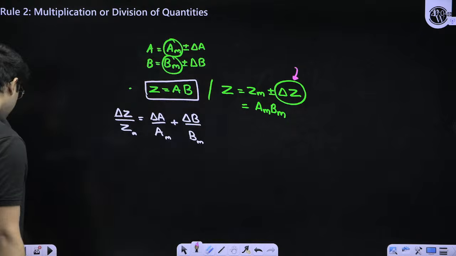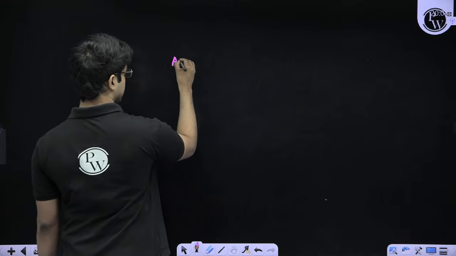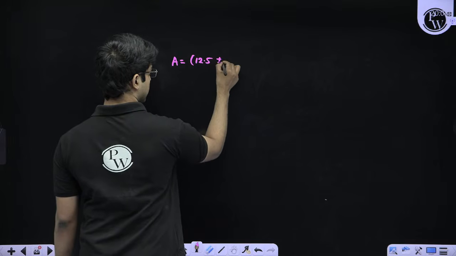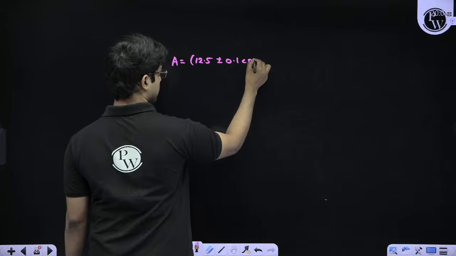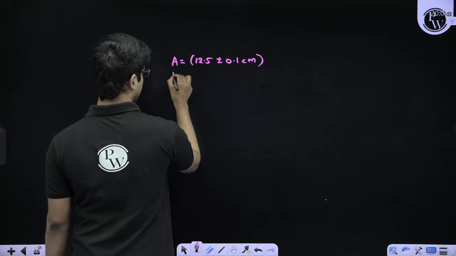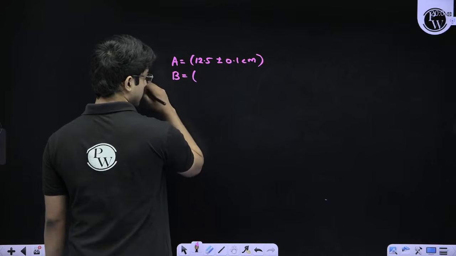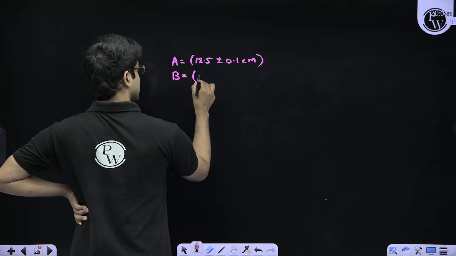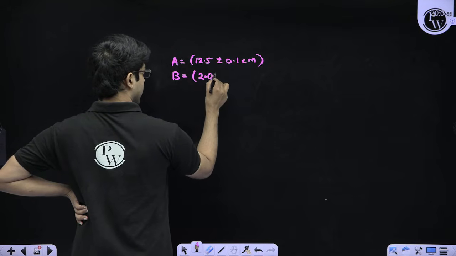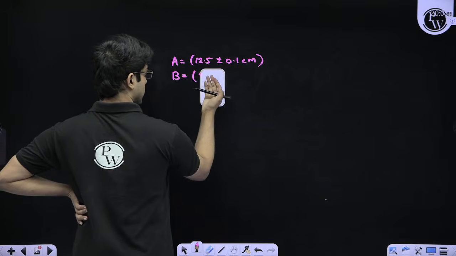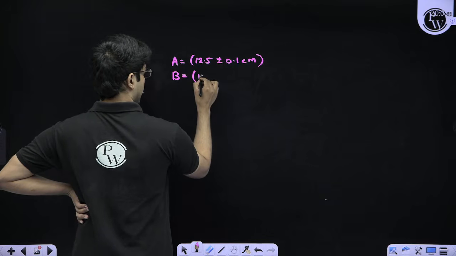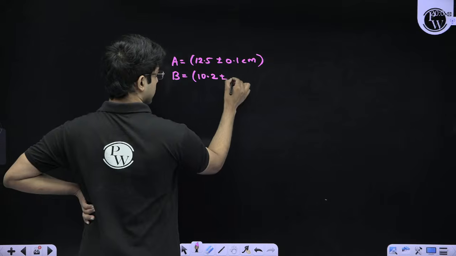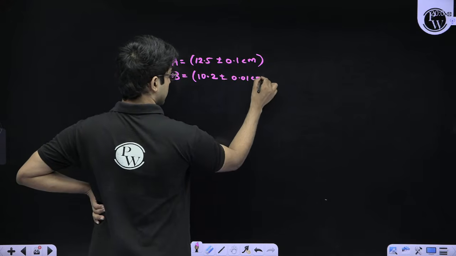Okay, so to take an example, let's say A is some length which is given to be 12.5 centimeter plus or minus 0.1 centimeter, and B is given to be 10.2, let's say, plus or minus 0.01 centimeter.